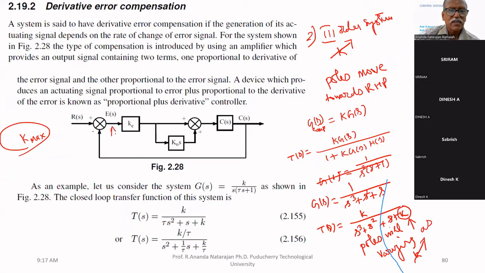What we are getting here? This E is multiplied. Error is multiplied by Kc means proportional control. Proportional compensation.